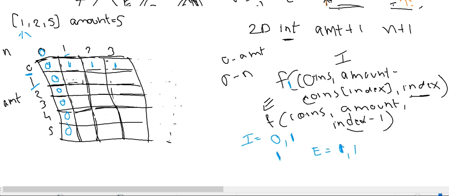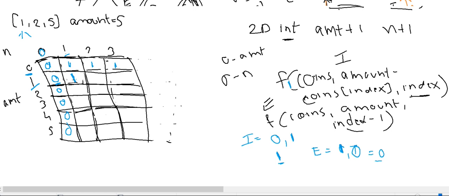For exclude, index minus 1, so I look at cell 1, 0, which is this one, and the value is 0. Doing the addition, 1 plus 0 is 1, so this is 1.